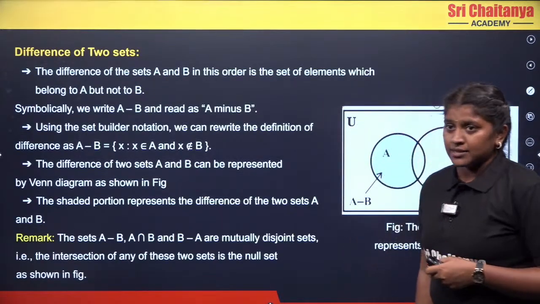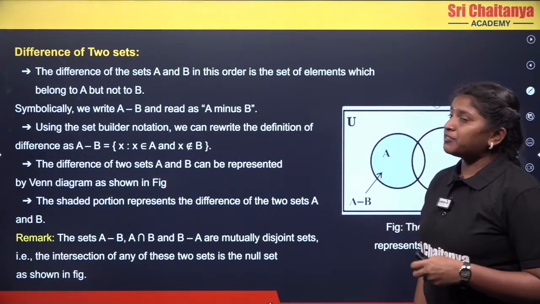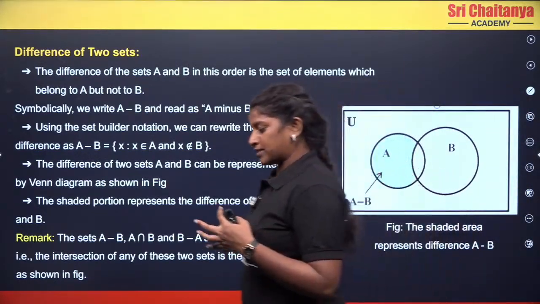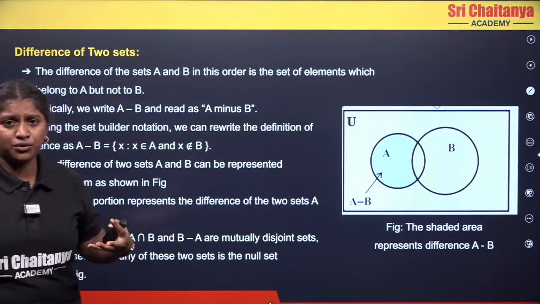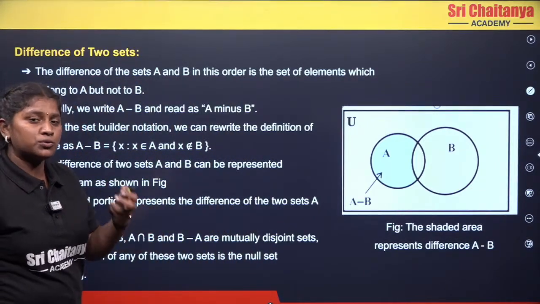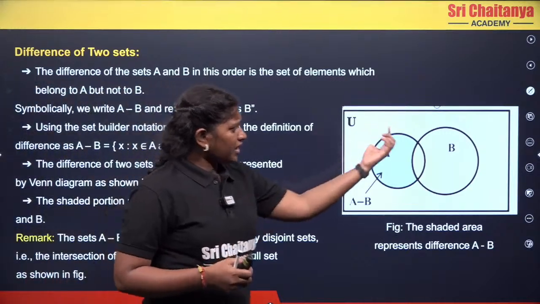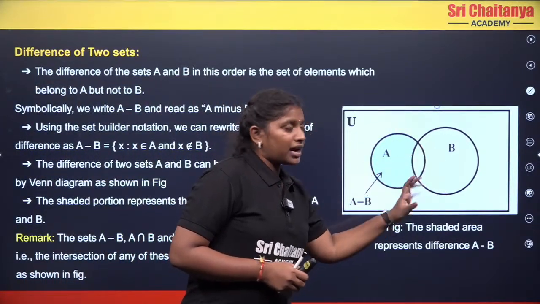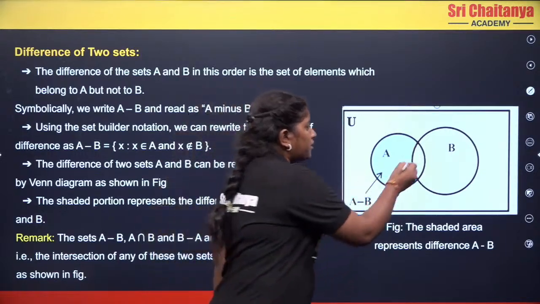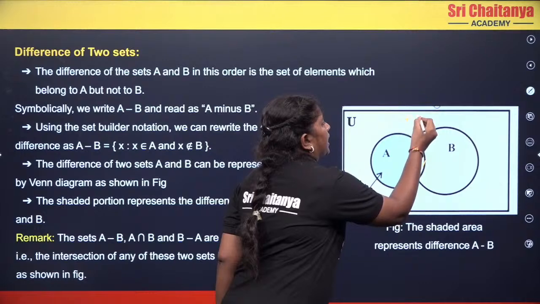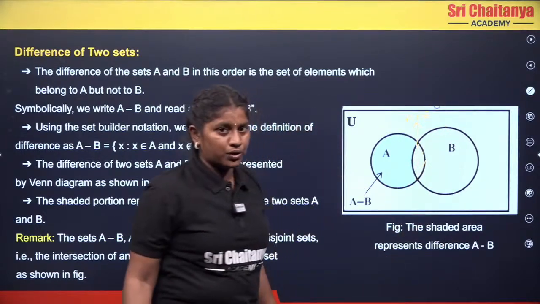Now moving to the next, we will discuss about the difference between the two sets. So how can we find the difference between the two sets? As we know that difference means we are going to do the subtraction, but how can we do the subtraction of the two sets? Like see, if we are having the two sets A and B, so just consider that we are having some of the elements, whatever the portion here we are having, it represents A intersection B. Okay.